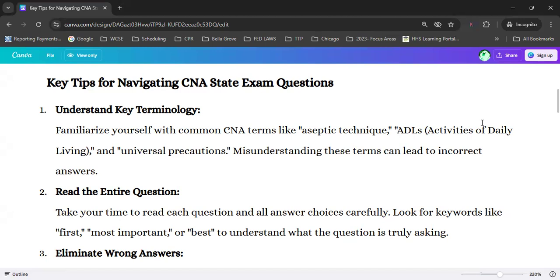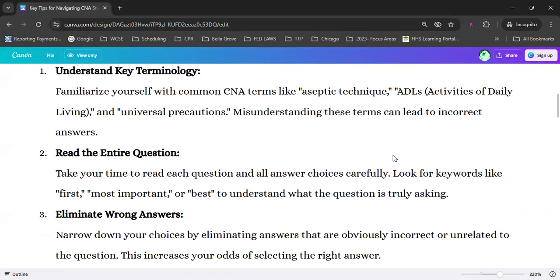We brush our teeth, we wash our face, we get dressed, things in that nature. So activities of daily living is the core role or responsibility of the CNA because you're supporting residents or patients with their activities of daily living. So understanding key terminology is a big key of success on a state exam.